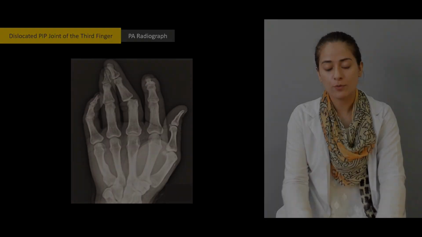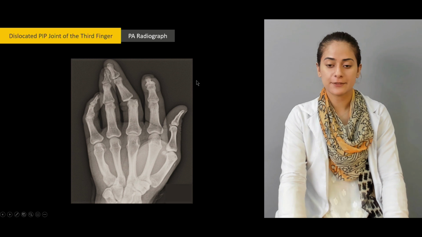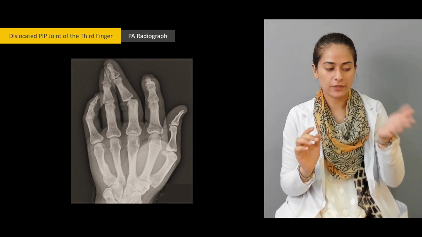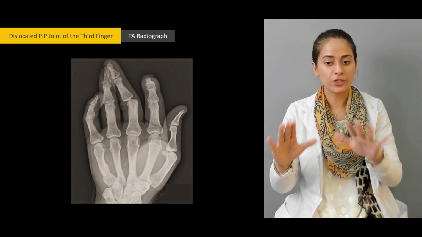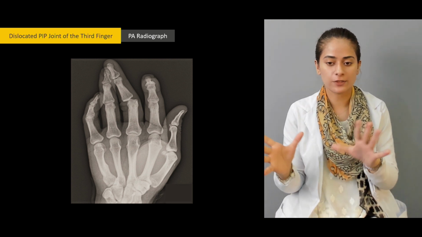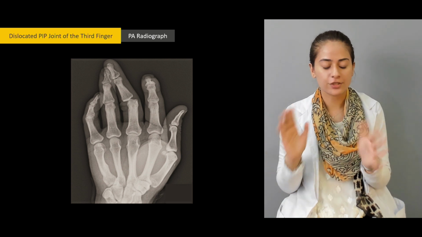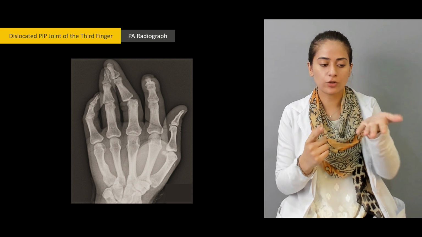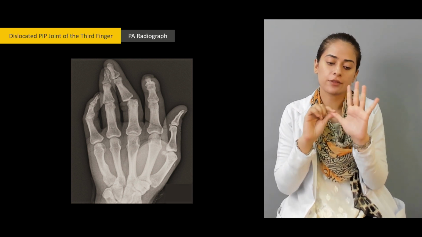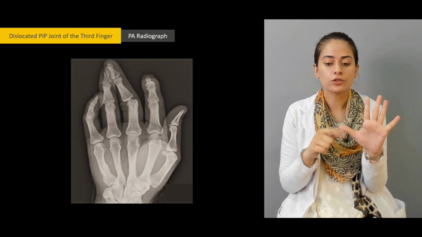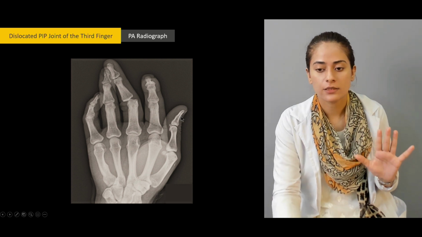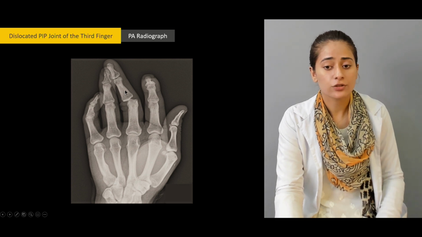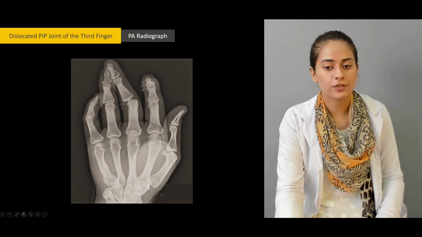The important thing to note here is that this is a dislocation, and before we name this dislocation as to whether it's a medial or lateral dislocation, let's go back and revise again. In anatomical position, the thumb is pointing outward, so this is lateral, and the little finger is medial.